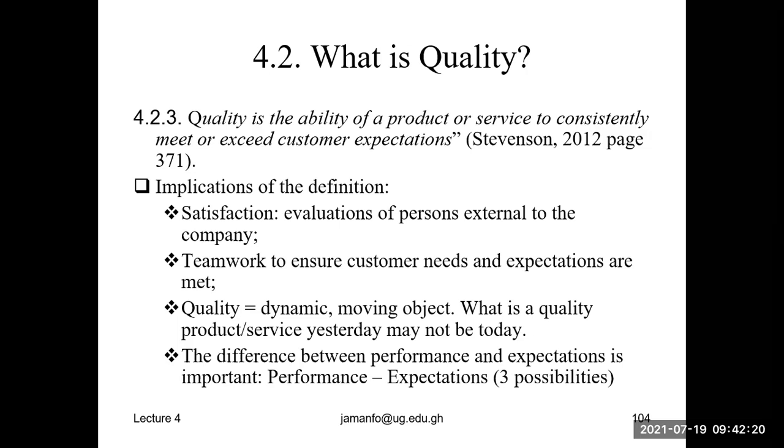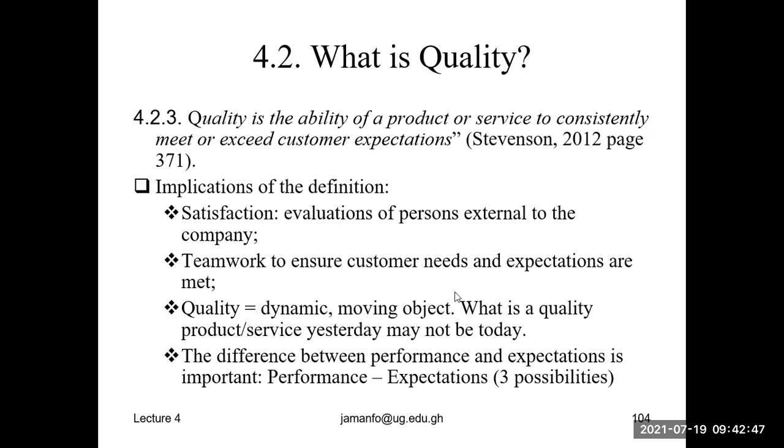Yes, sir, where we break down the barriers, the walls. So marketing will play a role, design engineers will play a role, production will play a role, the customer himself will play a role. So we need that teamwork to ensure the customer needs and expectations are met. And then we also need to understand that quality is dynamic.